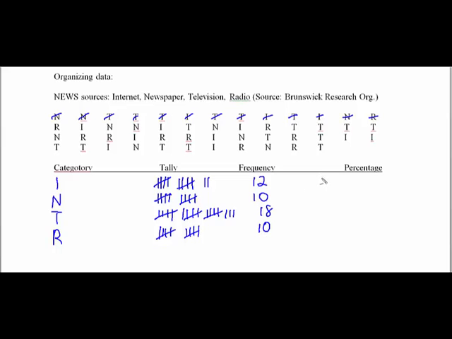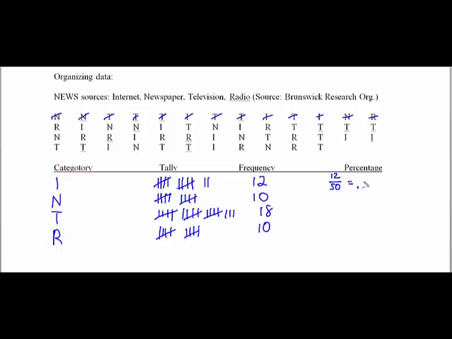I can now get my percentages. In the previous video for session 1, we talked about, for just a quick moment, that observed or desired over probabilities, or the number of possibilities, gives you a percentage. So 12 people who chose the internet as their most common form of news, out of the 50 respondents, would give me my percentage.